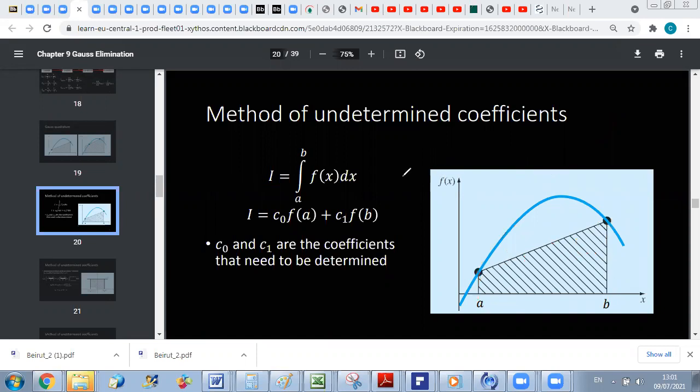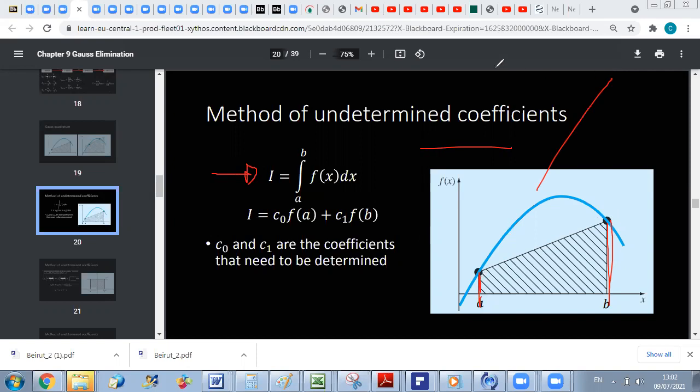So if I fix my 2 end points, I expect that I can always get the true integral in 2 cases: if my function is constant or if my function is linear. Now we will see how to calculate C0 and C1 based on this.